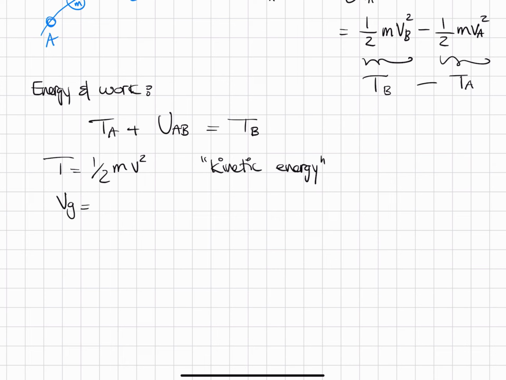For potential weight energy or potential weight work, we have mgy. We have the elastic potential energy, VE, equal to 1/2 kx squared.